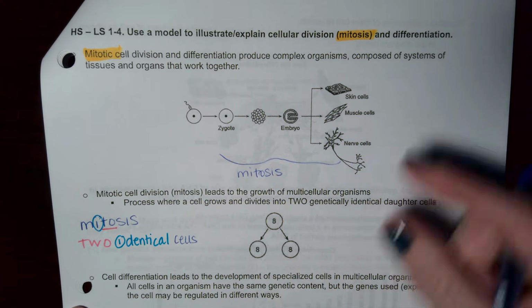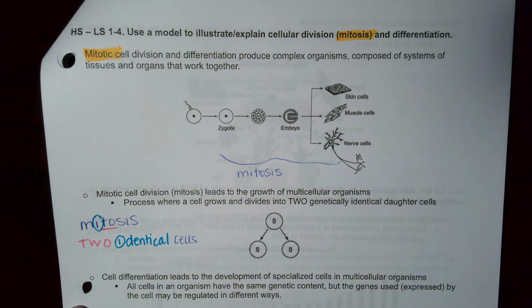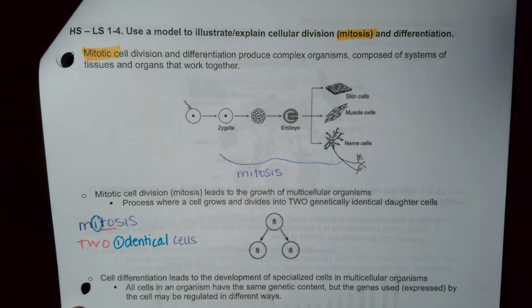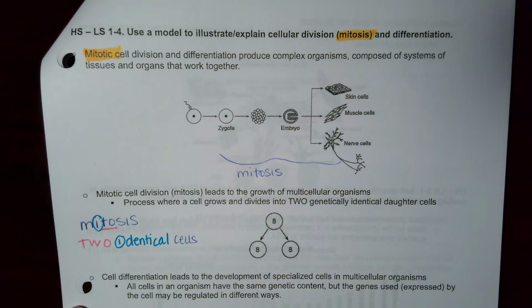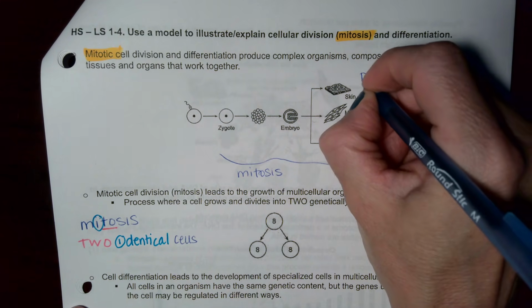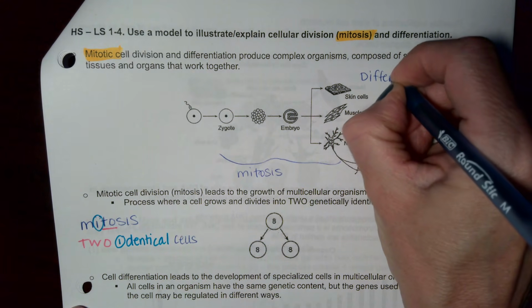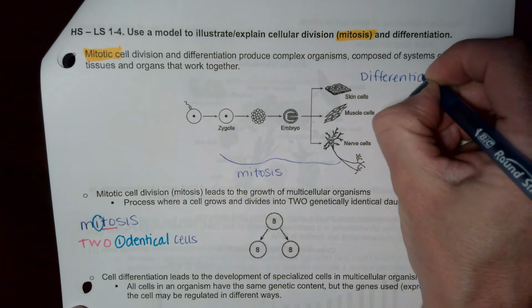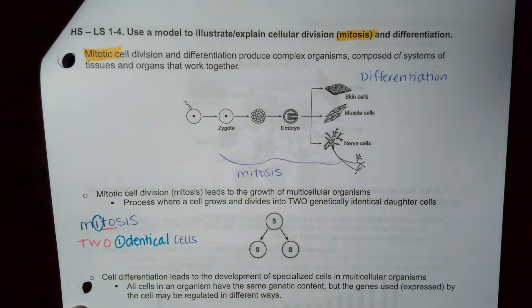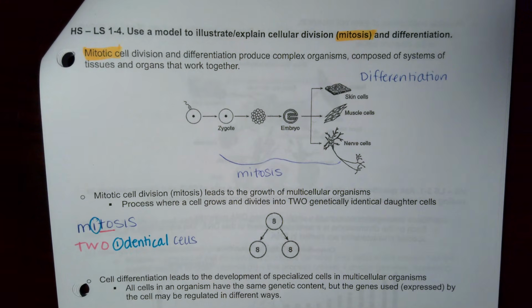Now you might be thinking, well, I see I have these 3 cells. Those all look different to me, and you just said they're all identical. Well, that is a process known as differentiation. Differentiation is talking about the fact that different genes are turned on. Now, that does not mean that they have different genes.